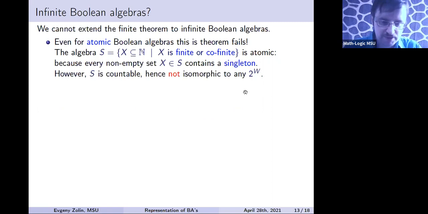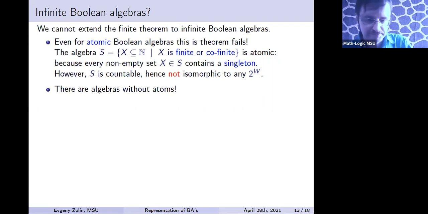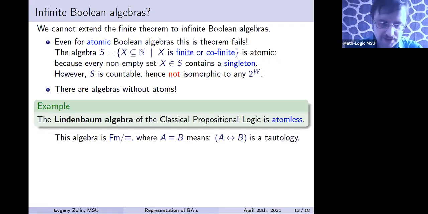So the second problem is that there are algebras without atoms. Moreover, there are countable algebras without atoms. And here is a typical example. The Lindenbaum algebra of the classical propositional logic doesn't have atoms at all. Why did I say that it is a typical example?